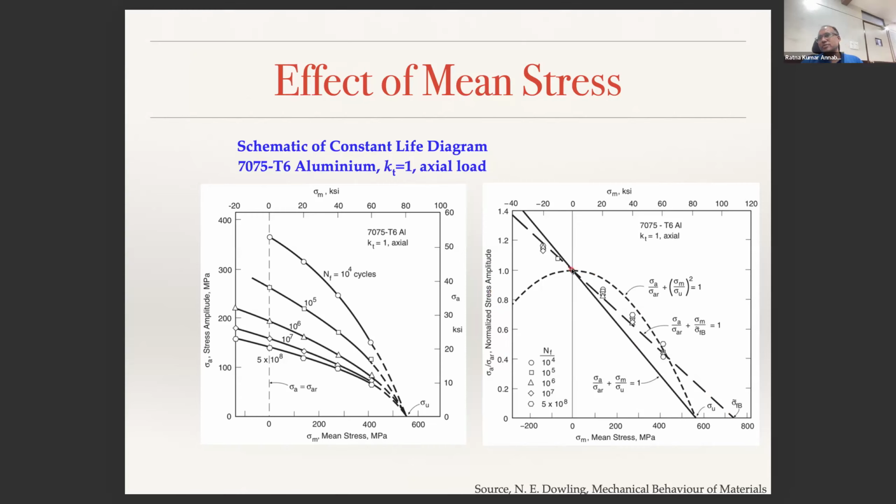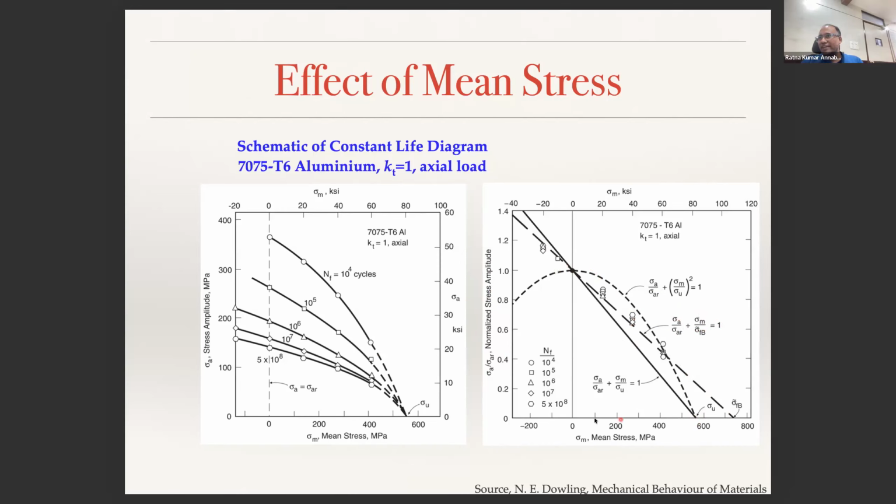All right, then I can write my equation: sigma a by sigma ar, I have written SF, plus sigma m by SUT. Instead of FB, I have written SUT, equal to 1. This is one equation, or you can also represent that using a parabola. This parabola is called Gerber's parabola.